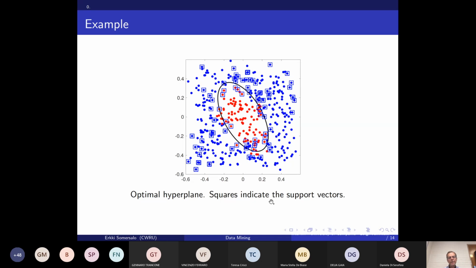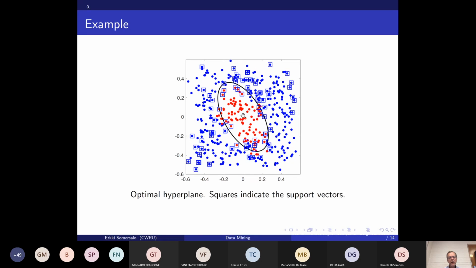Let me see. The so-called optimal hyperplane corresponds now to this ellipse here. And when I do the classification, let me see.